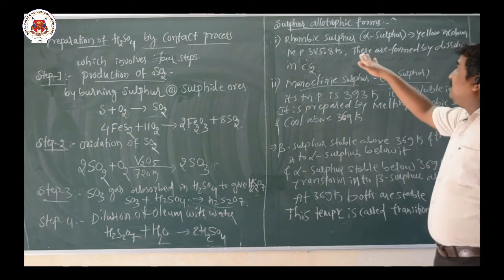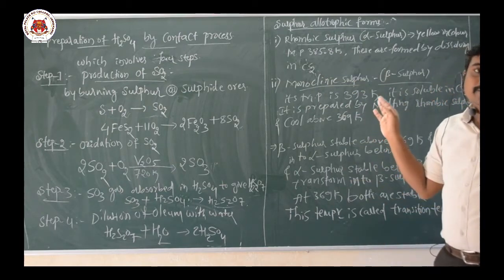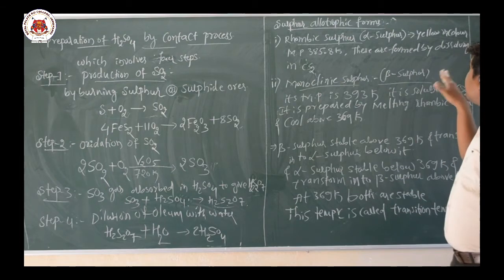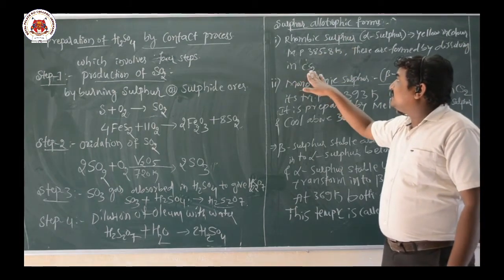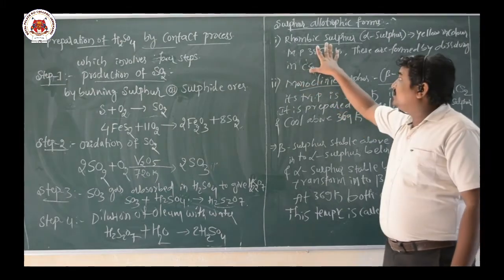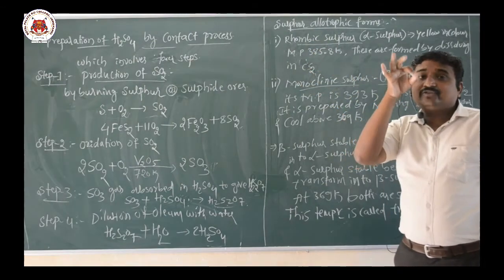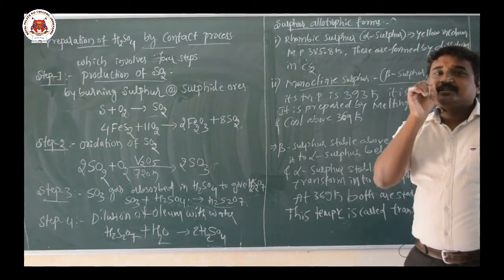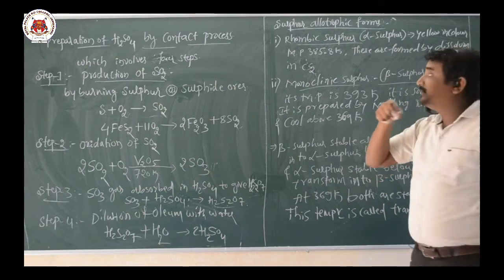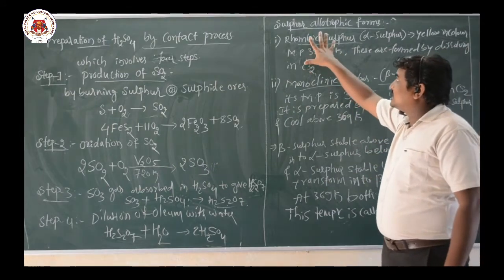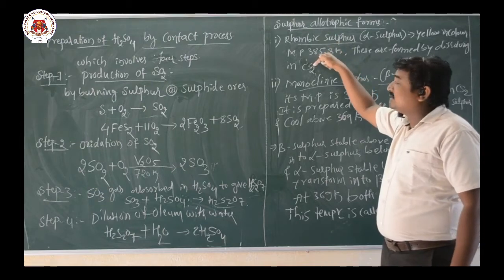The melting point of rhombic sulfur is 385.8 Kelvin, and it is soluble in carbon disulfide, whereas its solubility is less in alcohol, ether and water.